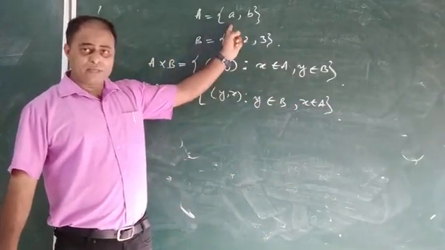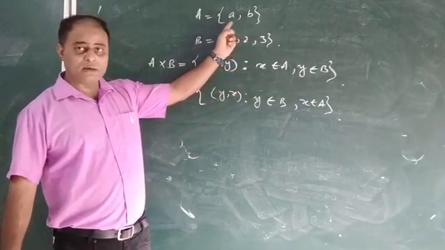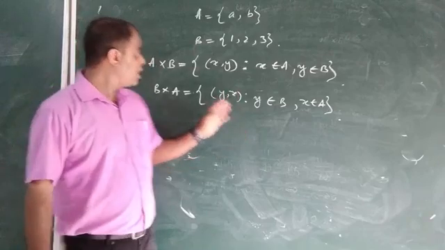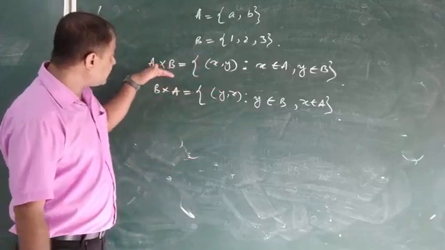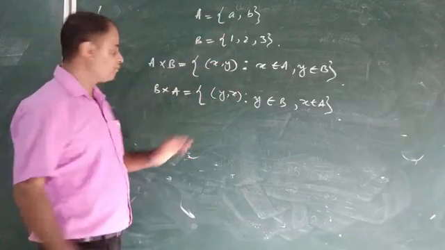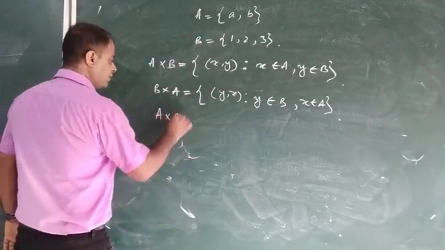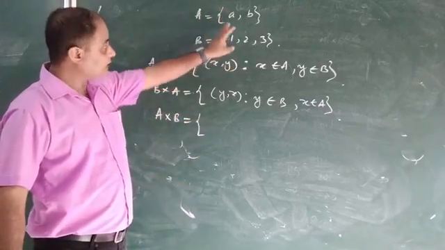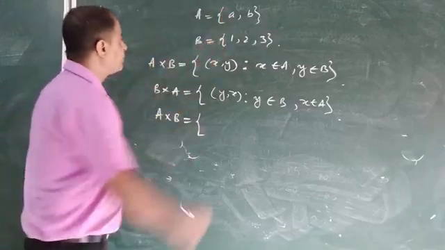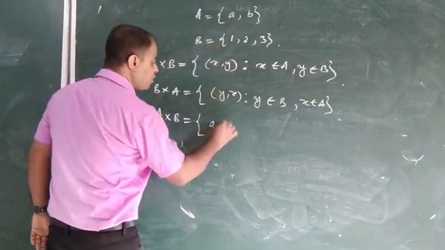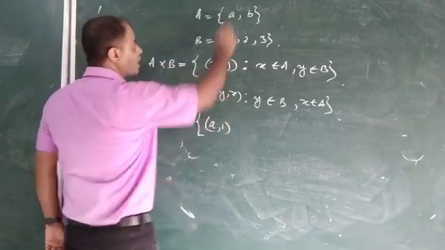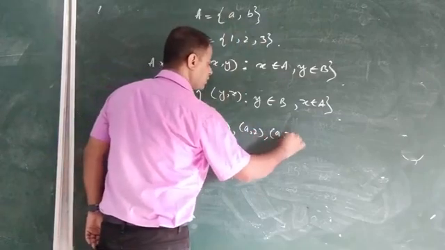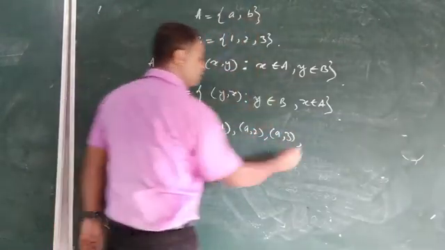The form written here is called roster form, and the form written here is called set builder form. Now, if we try to write A cross B and B cross A in roster form, for A cross B, the first element comes from the first set and the second element comes from the second set. That means in the form of ordered pairs: (a,1), (a,2), (a,3), (b,1), (b,2), (b,3).